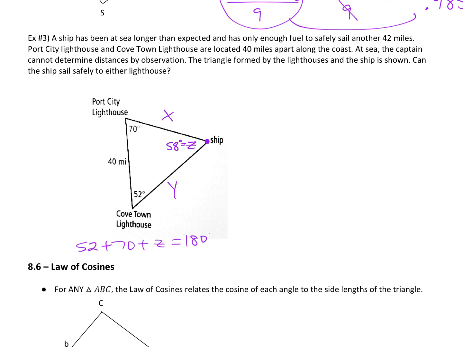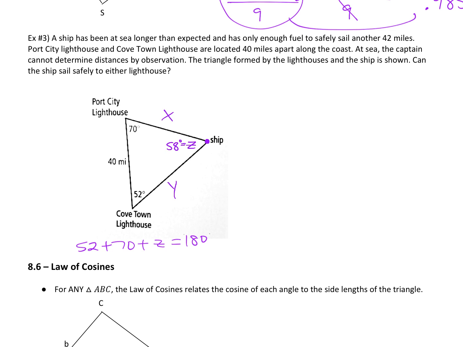Okay, so now we're going to do the law of sines twice. We're going to solve for x and we're going to solve for y, and we're going to see what works, okay? So let's start with x. Can anyone give me the setup if we're solving for x?